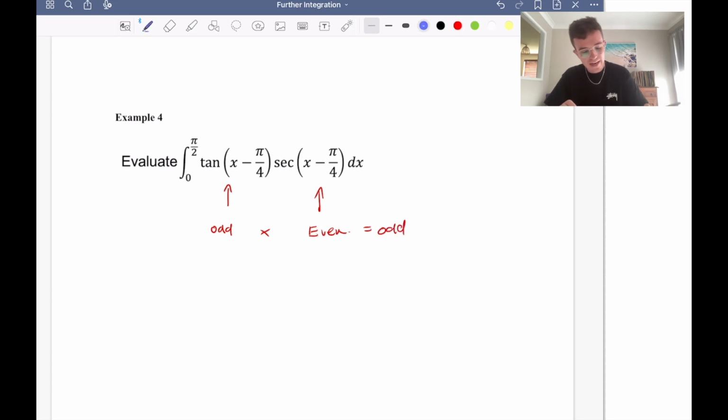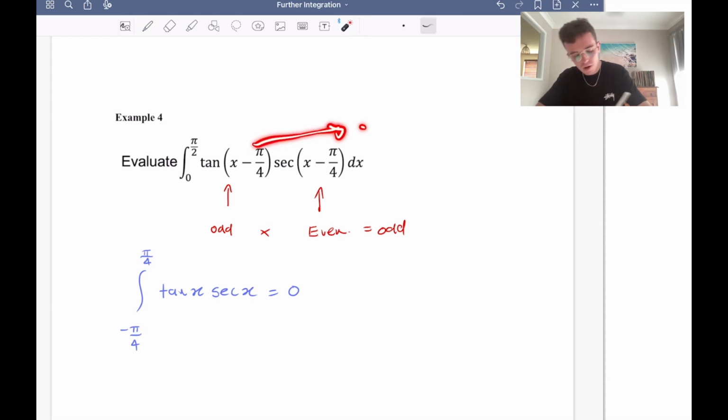So therefore, tan x sec x is odd, which means the integral from minus pi on 4 to pi on 4 of tan x sec x is equal to 0, but this function has been moved this way by pi on 4.